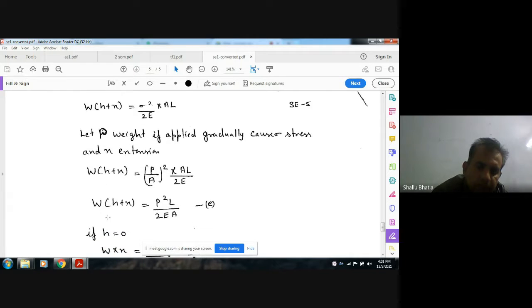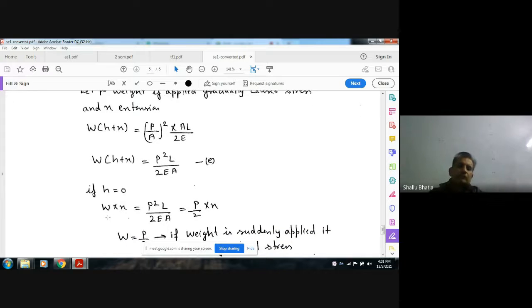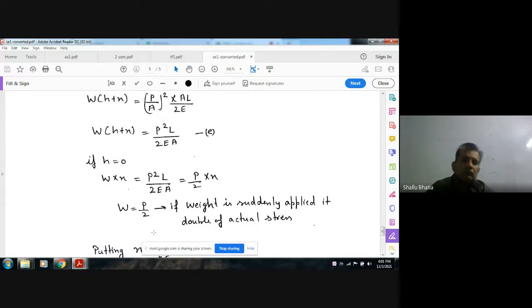If we put h equal to 0, then it will be a suddenly applied load at height 0. So it will give W equal to P by 2.